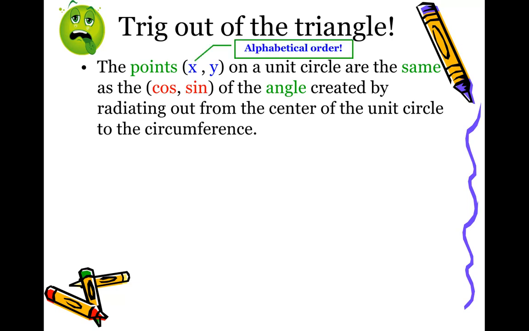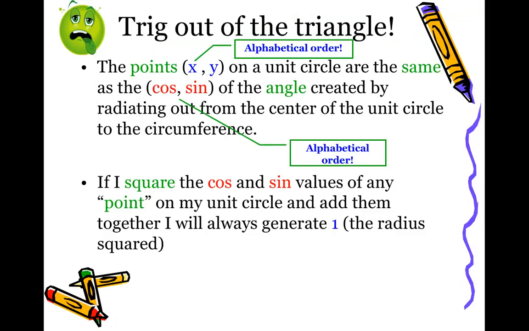One way to remember this, if you're not remembering it, it's in alphabetical order for your x, y, as well as your cosine, sine. So if that helps you to remember it, fantastic. The cosine is x, sine is y. Cosine of theta is x, sine of theta is y.